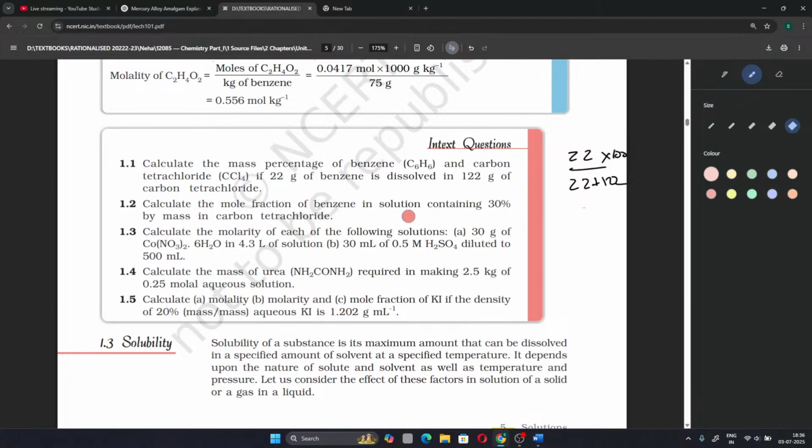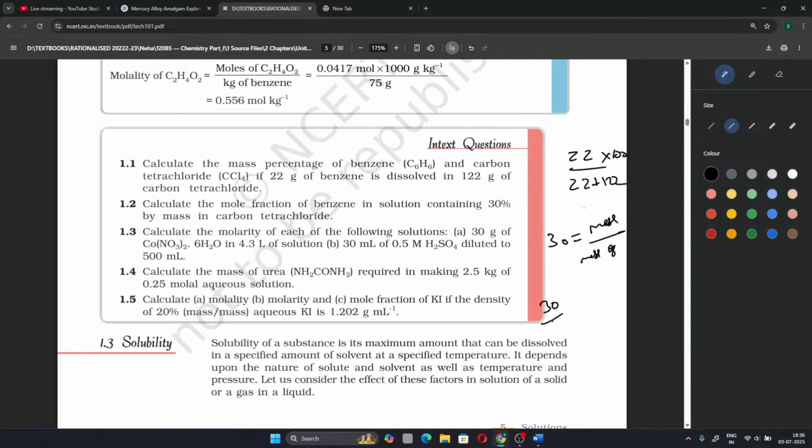Calculate the mole fraction of benzene in a solution containing 30% benzene by mass in carbon tetrachloride. If benzene is 30% by mass, they are saying 30 is the value of mass of benzene by mass of solution times 100.